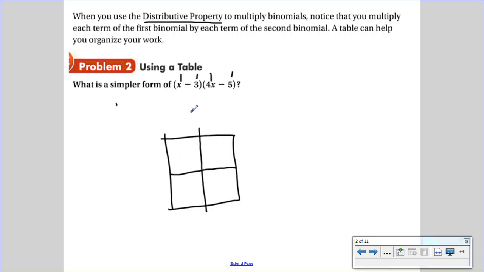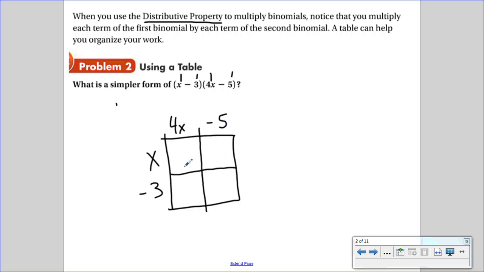And what you do is you take each term and you put it on the top and on the side. So the terms are x, so x is going to go there. -3 is going to go right there. And this one, the terms are 4x, so that goes right there. And this is -5.